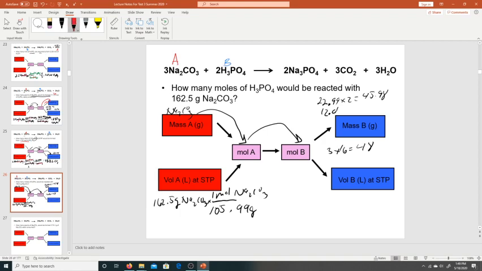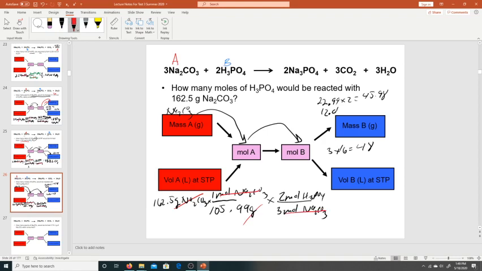That'll make the units grams of sodium carbonate cancel out. Now the mole ratio again is B over A. So it's 2 moles of phosphoric acid over 3 moles of sodium carbonate. So moles of sodium carbonate will cancel.